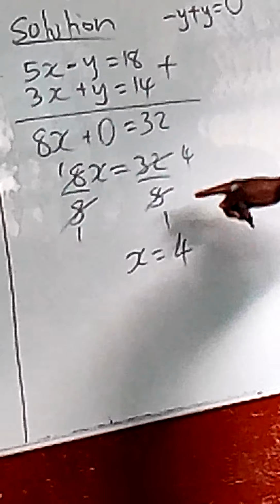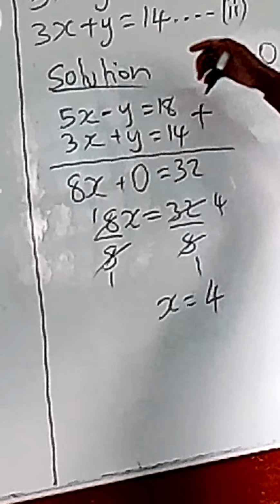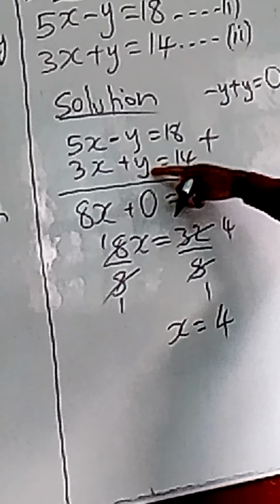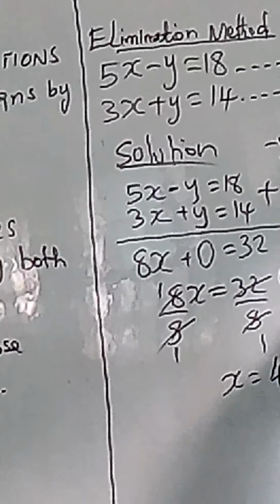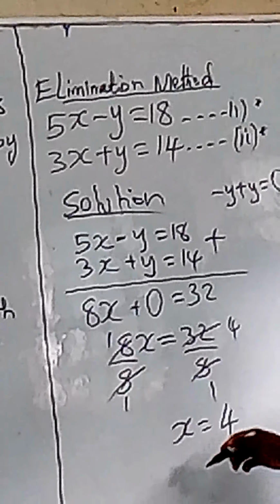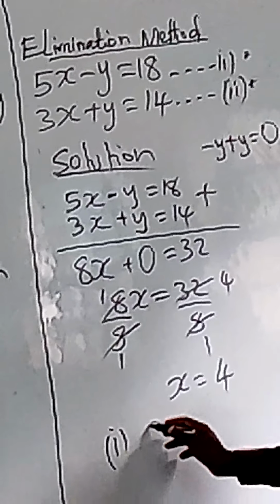Because you've been able to find the value of x and eliminate y, you can pick any of these original equations. Let's pick equation 1, 5x minus y equals 18.